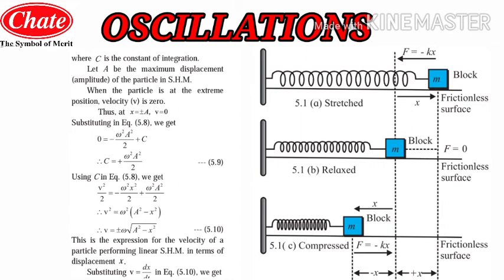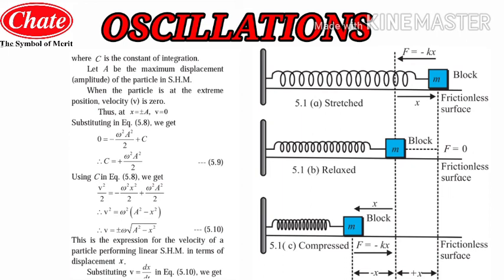As we know that v is equal to 0, the whole term of v square by 2 will become 0, and the remaining term will be omega square into a square upon 2 plus c. So the c, the constant of integration, will be plus omega square into a square by 2.